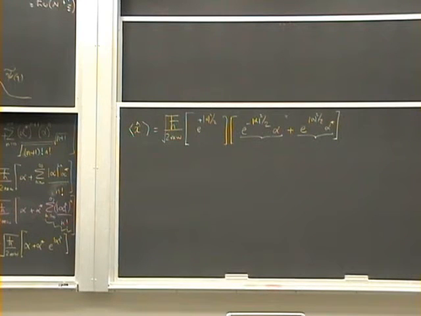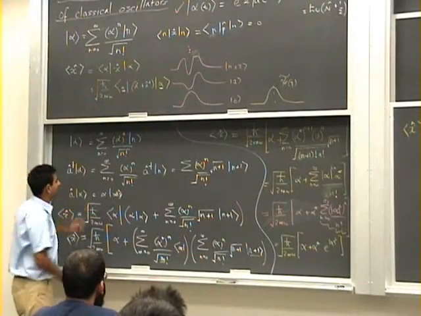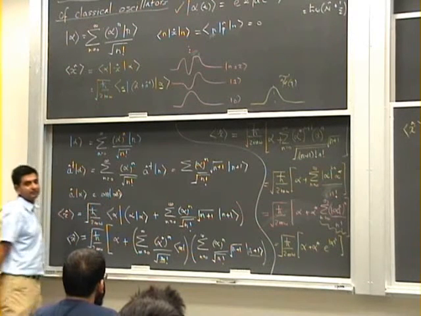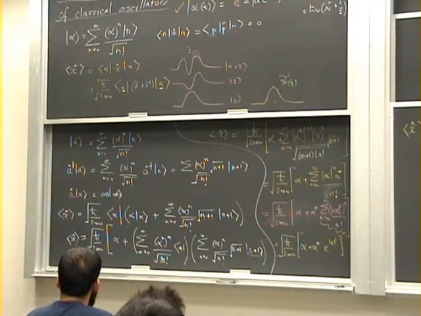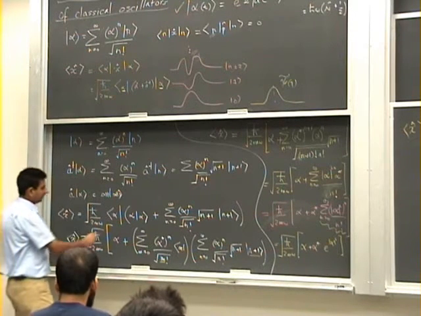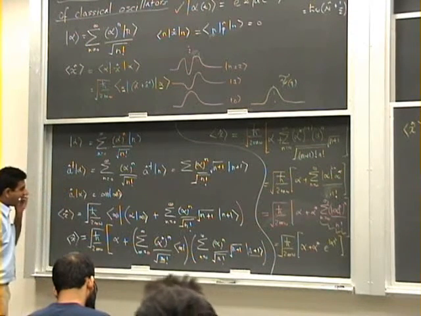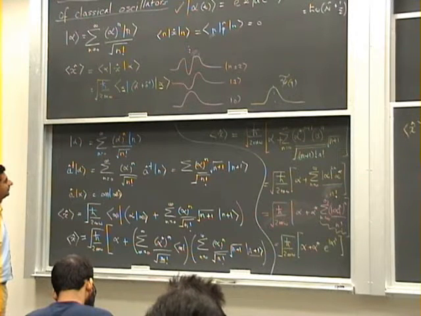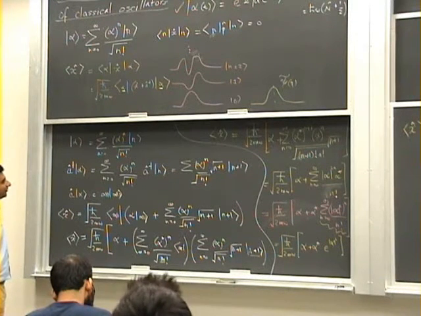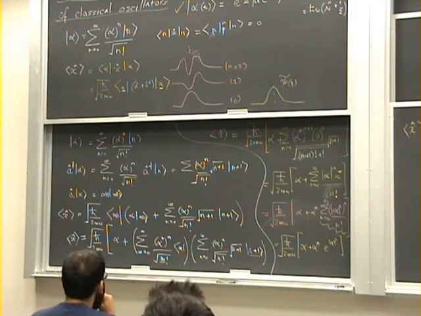Oh, this is a time dependent factor, right? This is a time dependent factor, which means that this is alpha t. Okay. So I also have to take into account the time dependence, which I am not doing for the time being.